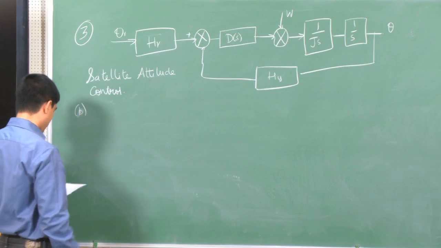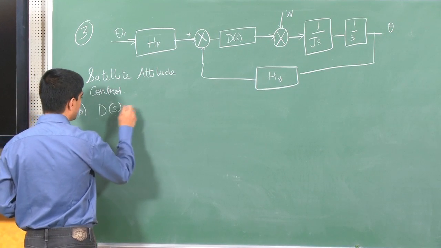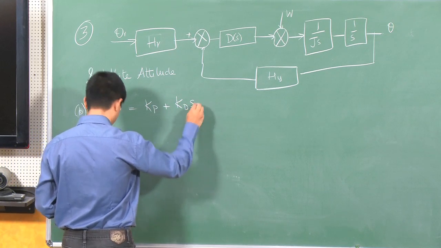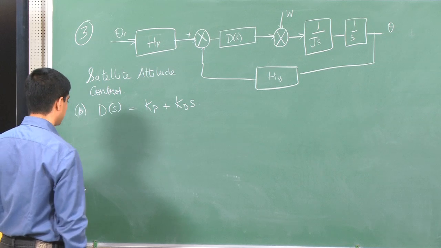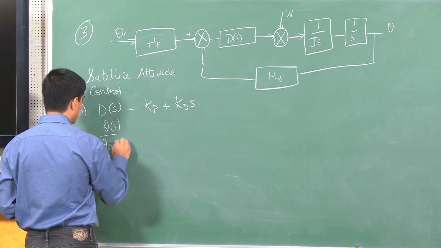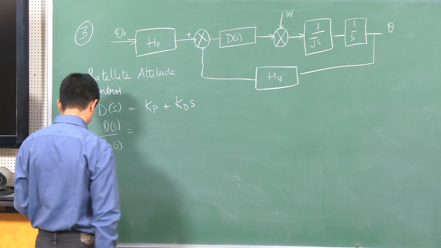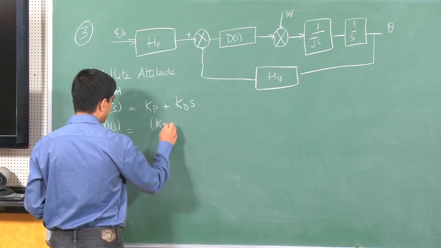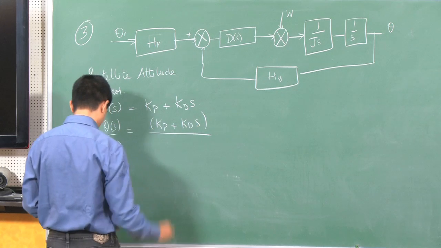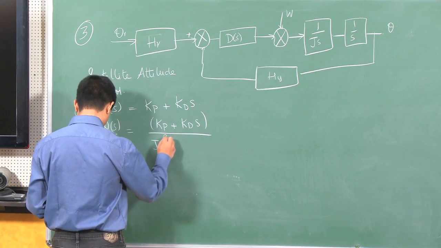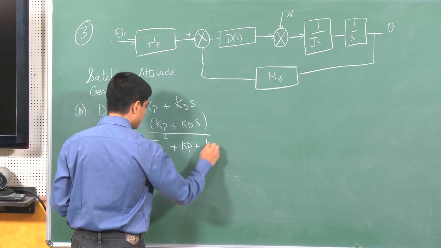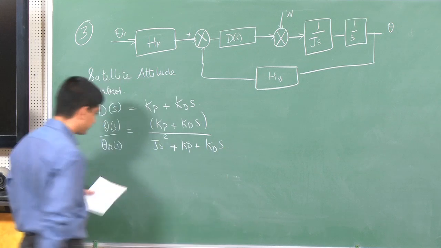Okay. What could I do now with a PD controller? Okay. In that case, well, the transfer function theta over theta r of s is Kp plus Kds over Js square plus Kp plus Kd times s.